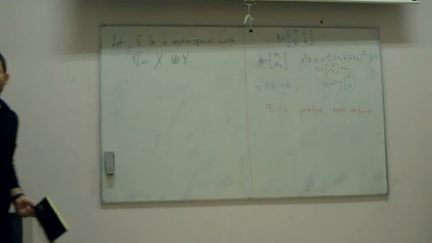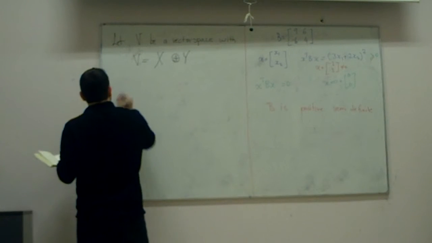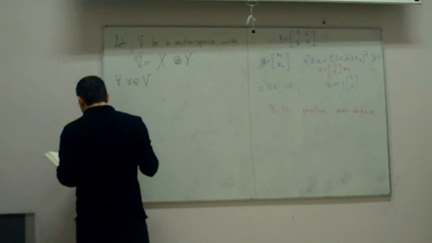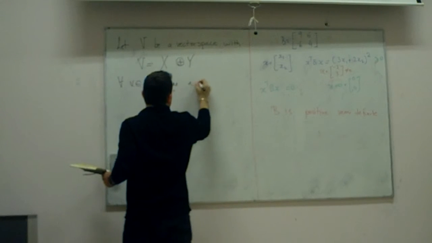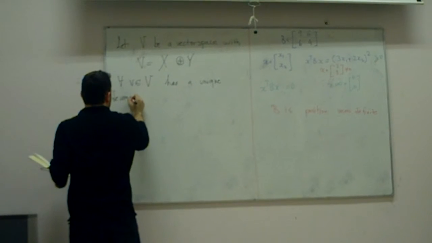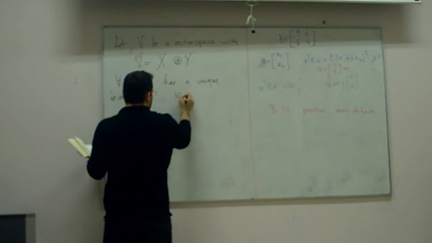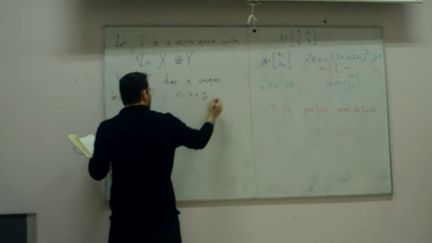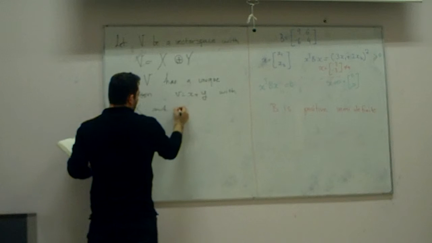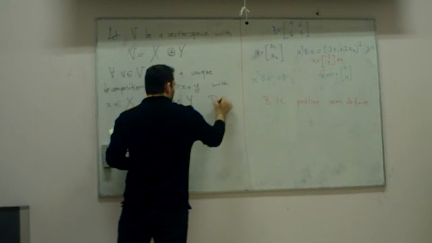Direct sum, where V is the direct sum of two other vector spaces, okay? So every v belonging to vector space V has a unique decomposition of v equal to x plus y, with x belonging to vector space X and y belonging to vector space Y.